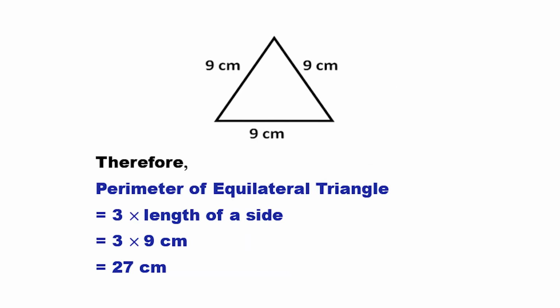In this figure, the measure of each side of an equilateral triangle is 9 cm. Therefore, perimeter of equilateral triangle is equal to 3 multiplied by length of a side, which is equal to 3 multiplied by 9 cm, which gives 27 cm.